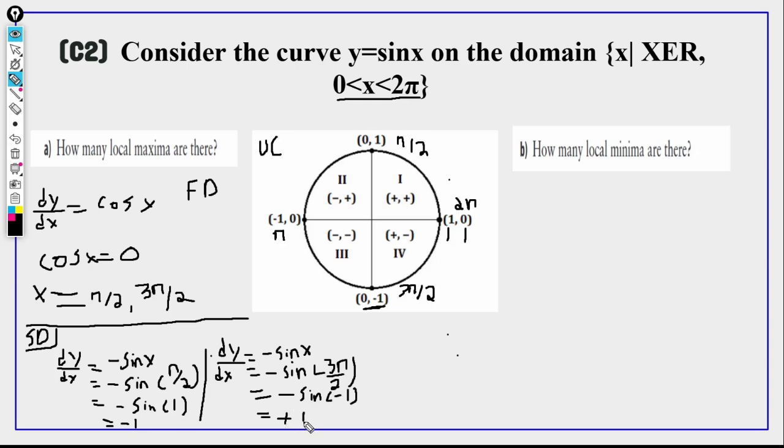Sorry, I meant to say negative 1 when we substitute it, but the answer is positive 1.